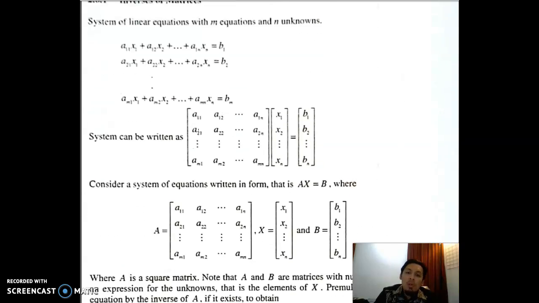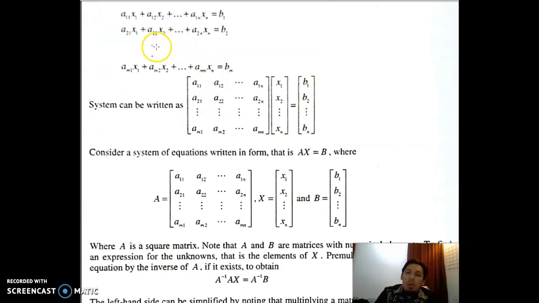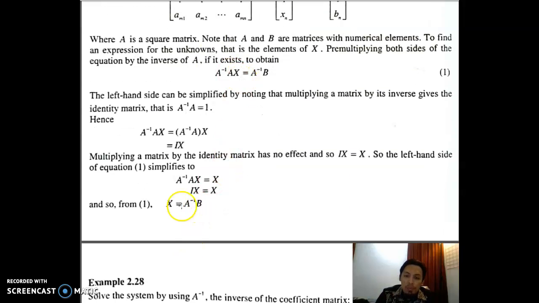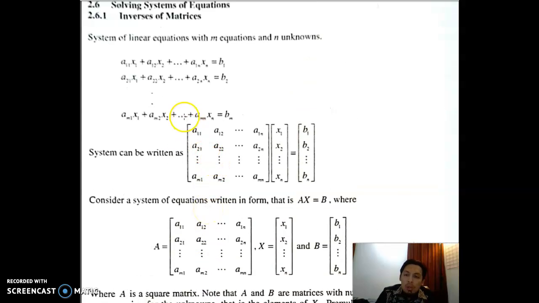So first, we just want to prove how we can come up with this formula. We can change it into the form of a matrix, where we put all of the elements of A here as one matrix, and we put all of the x next to it, multiplied, just like A multiplied with x equal to b.